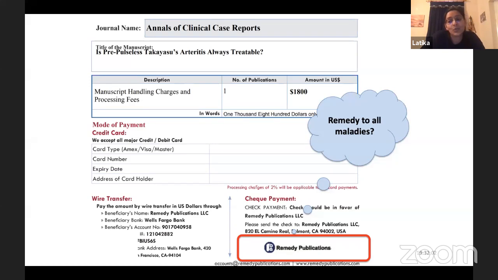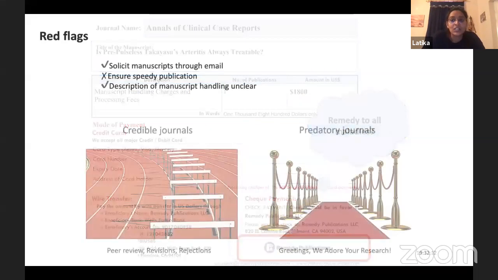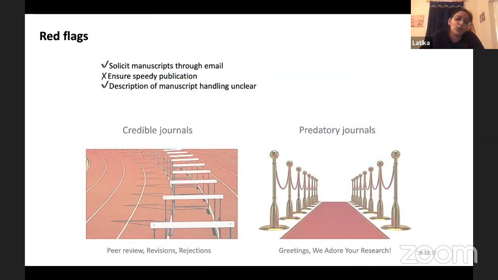To date, I get so many invitations from predatory journals, which can be challenging to handle at times. It may be easy and alluring to go towards a predatory journal.